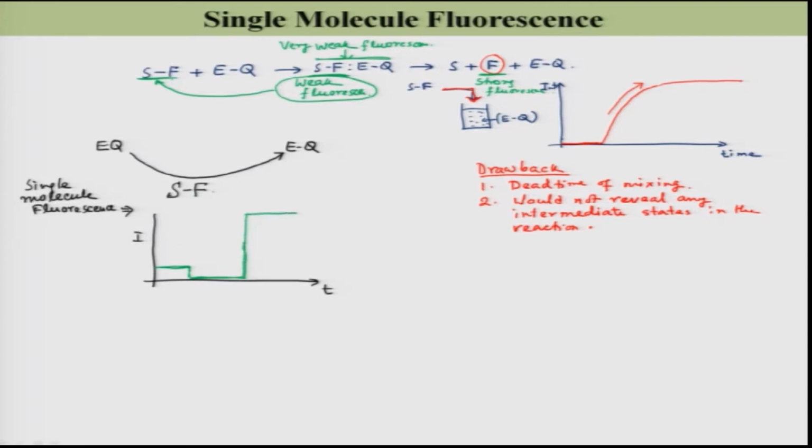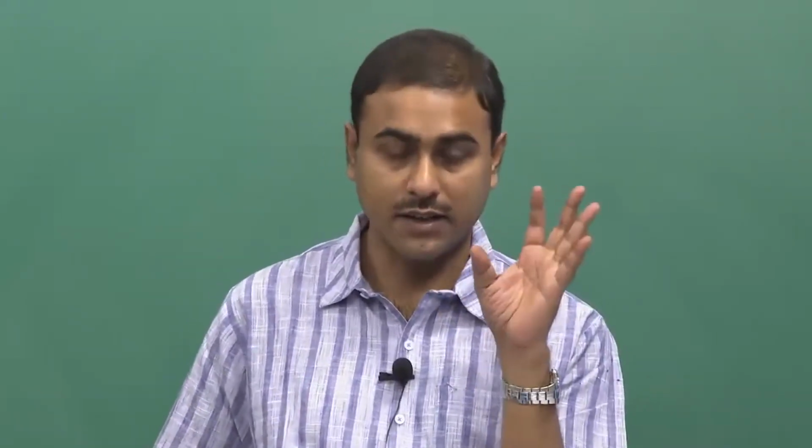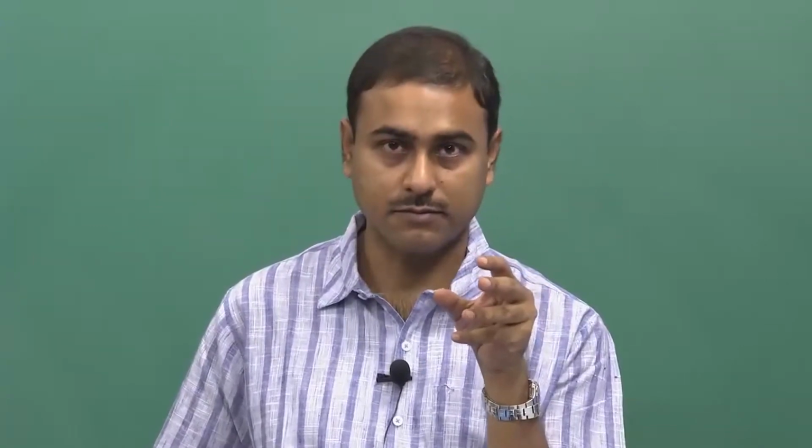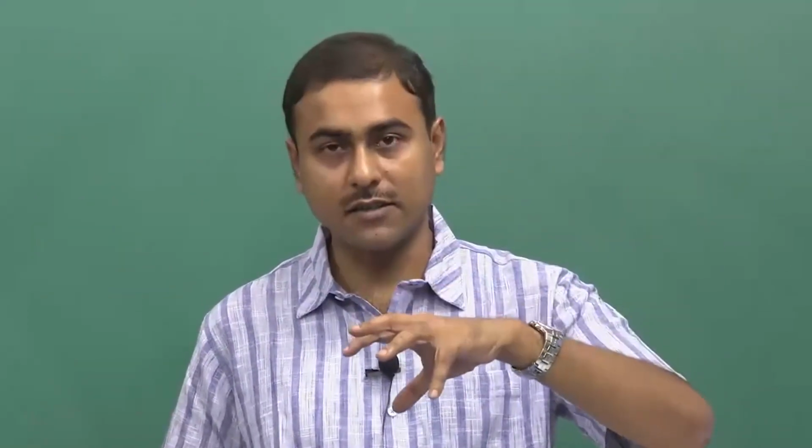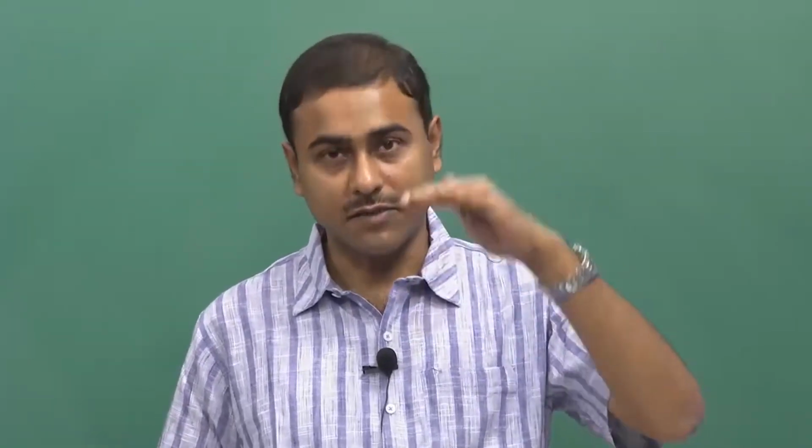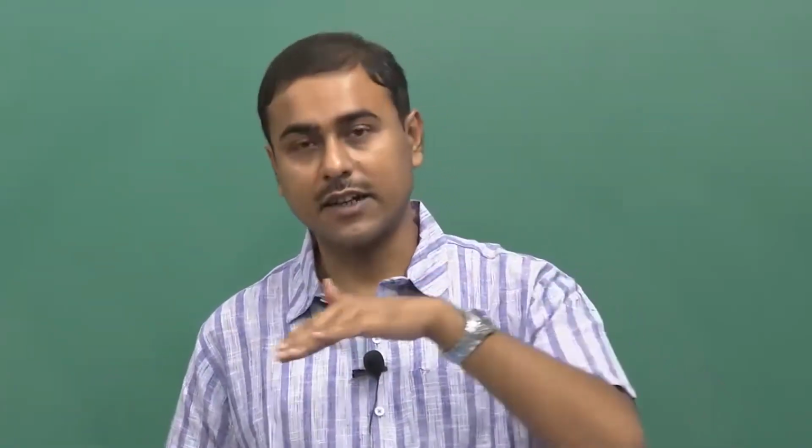That means I have both my SF and EQ in the solution, and I am only looking at the SF. If SF is alone, I see a moderate fluorescence intensity. When EQ comes and interacts with SF, the fluorescence will decrease, the reaction will take its own time, and then when the reaction is over, it forms S plus F and the fluorescence intensity again increases.